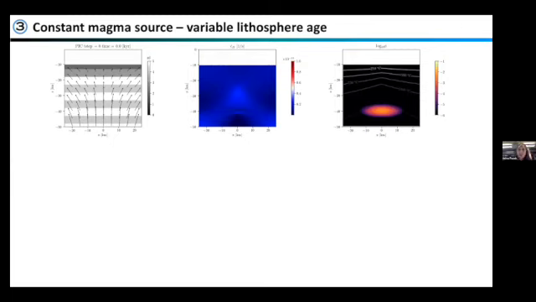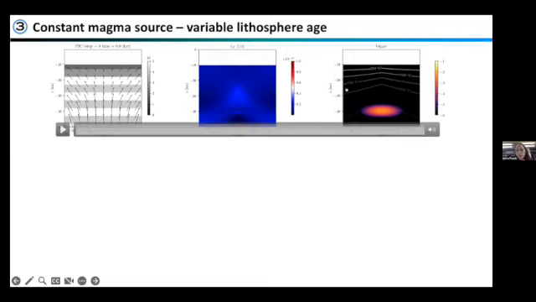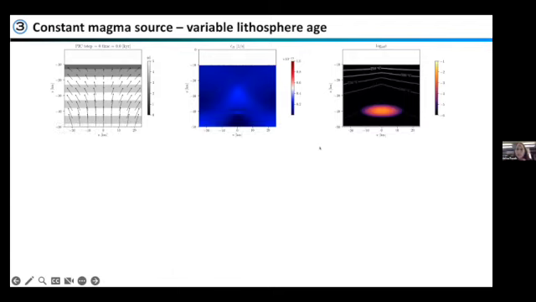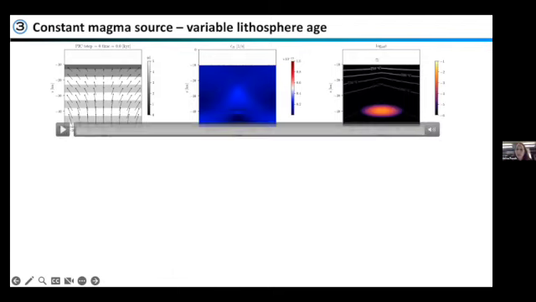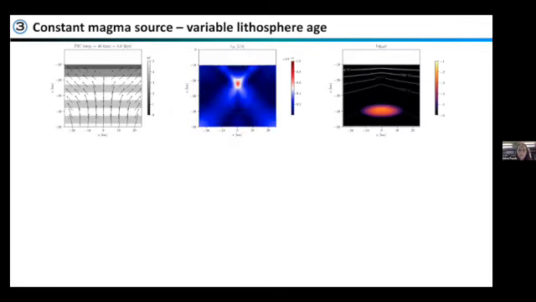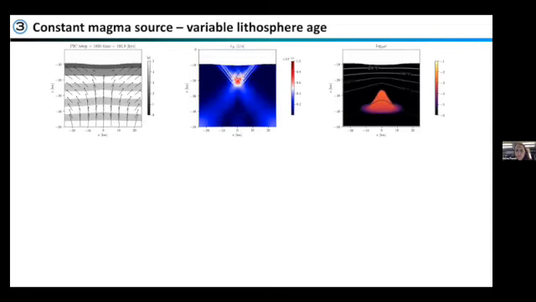What happens if we have a variable lithospheric age? So for example, I'm showing here a model where the initial conditions have a slope in the isotherm. So the ridge axis is a bit hotter. And this is, again, the model.